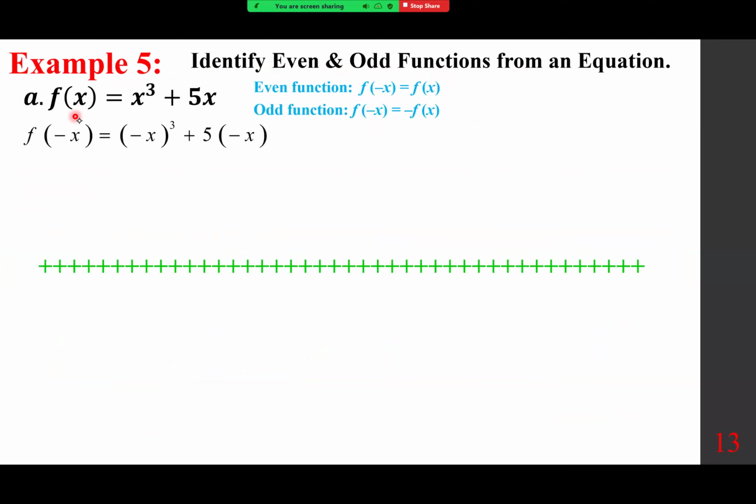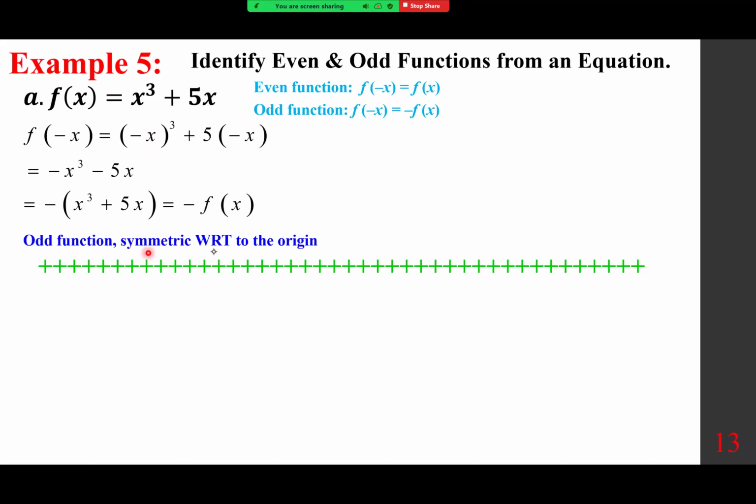As we do that, we replace the x with minus x here and there, and this becomes minus x cubed. This becomes minus 5x. We can factor the negative sign out, and it's equal to minus f of x, which makes it an odd function. So it's an odd function, therefore symmetric with respect to the origin.